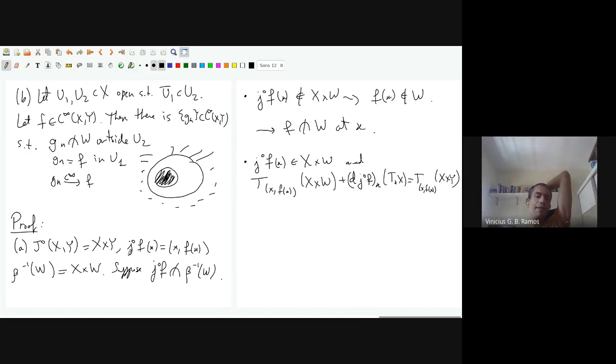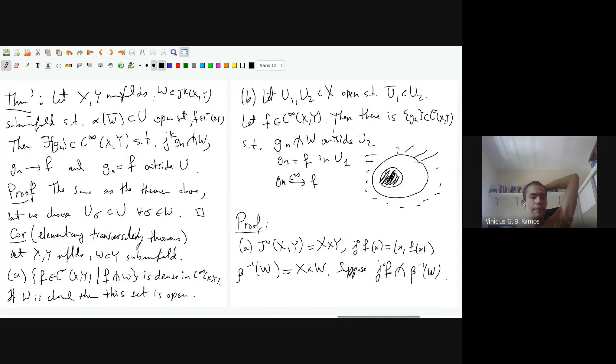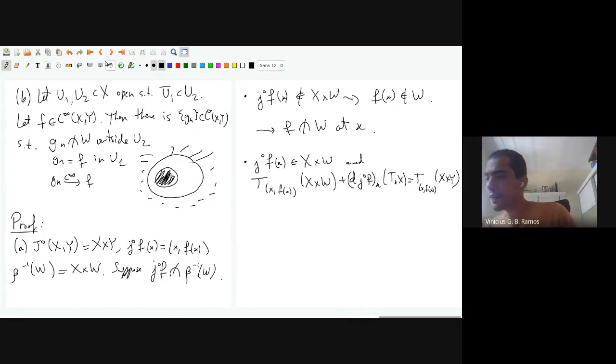This condition is different than the simple transversality condition on Y, which is this one. But it's easy to obtain this. We just have to apply.